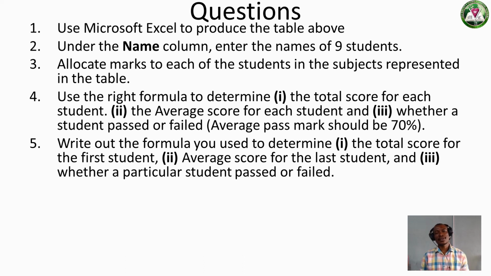So far, from the previous lesson, you have looked at the meaning of spreadsheet, what Excel is, Excel window, the contents. You looked at the workbook, what a workbook is, the difference between workbook and worksheet, what a cell is, what cell range is, column and rows, what they are.